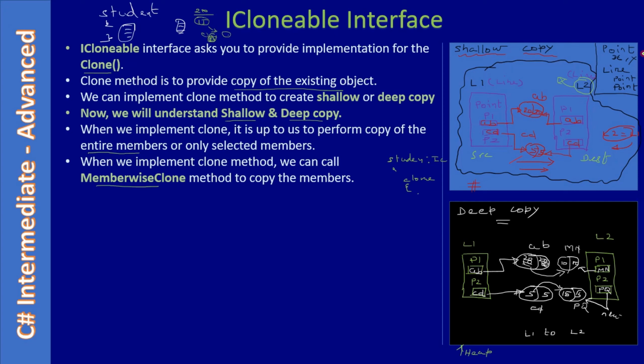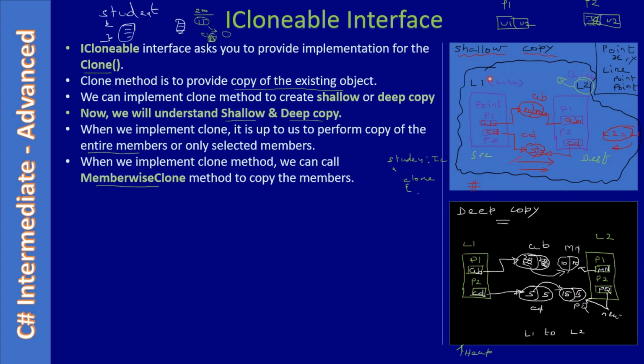So when a bitwise copy happens, they both have different addresses. Let's say this is 0.1, this is 0.2, and if you make a copy, it doesn't point to any other address. Why? Because the content itself, value 1 and value 2, gets copied, and when you change value 2 to value 6, it reflects only here.